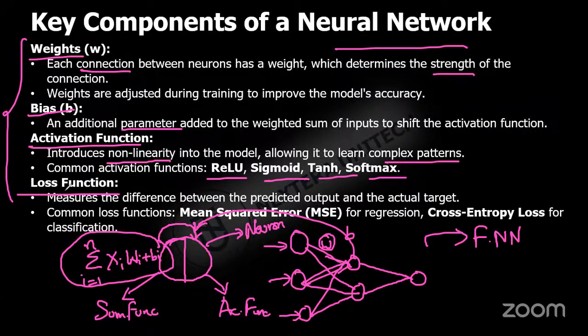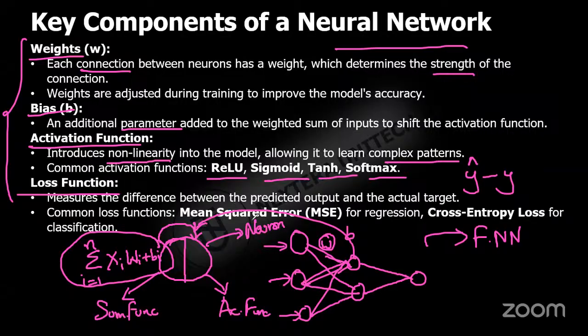And finally, the loss function. What is the loss function? It is nothing but the difference of predicted minus actual. The difference between predicted and actual for one single record is the loss function.